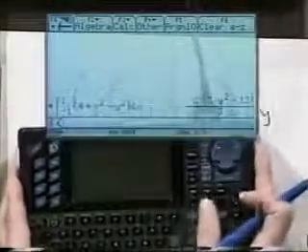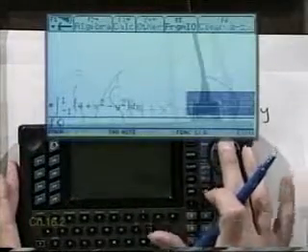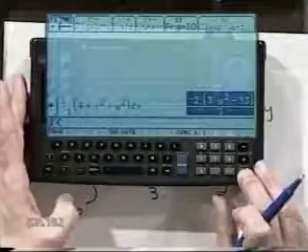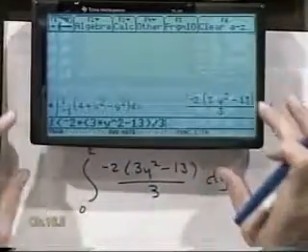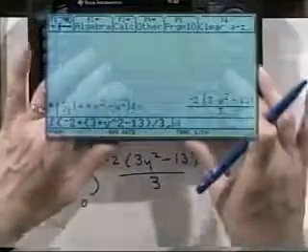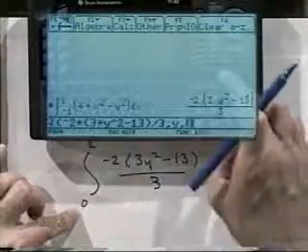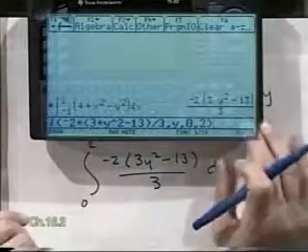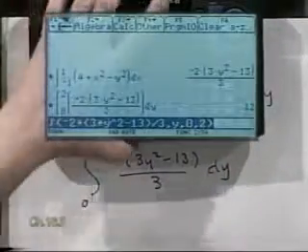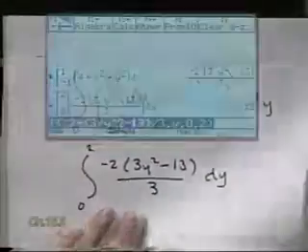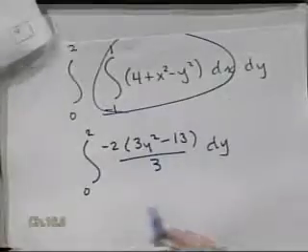I can use my little arrow key here to pull that back up, highlight it, and then just hit enter to pull it down. And I can say comma as y ranges from 0 to 2, close parentheses, hit enter. And I just got a 12, which is the right answer, which is good.